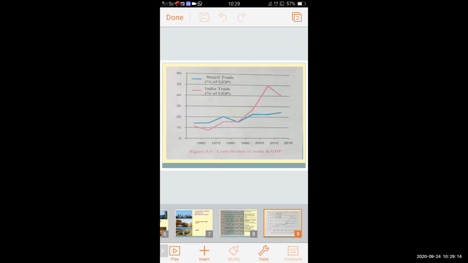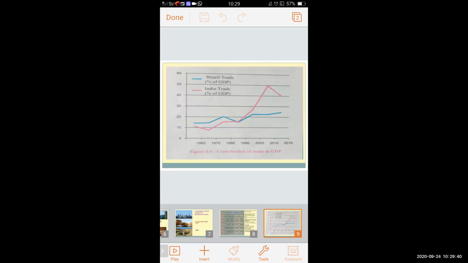From 2000 to 2010 we can see there was an increase of the trade of India. Maybe nearby 2005 it is 50% and after that it is coming down, in 2016 it is 40%. So this is the condition of Brazil and India which we have learned in this graph, contribution of trade in GDP.